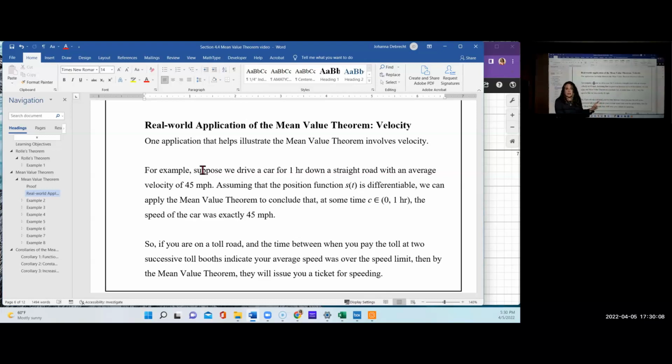They don't even have to be there. They just take the time from one toll booth to the next and the distance from one toll booth to the next. They compute the average velocity, and by the mean value theorem, they can assert that at least once you were traveling that average speed. Slope of the tangent line equals slope of the secant line. Instantaneous velocity at least once equals the average velocity.